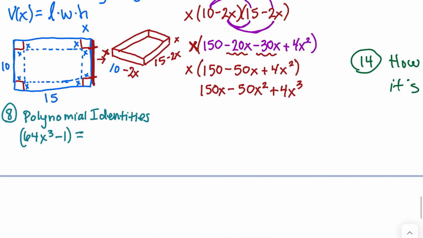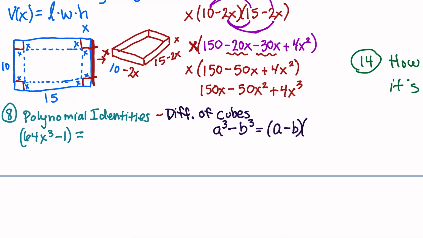So polynomial identities, what we're going to use for this one is the difference. You put diff of cubes. And what that identity says is if you have a cubed minus b cubed, it's equal to a minus b multiplied by a squared plus ab plus b squared.